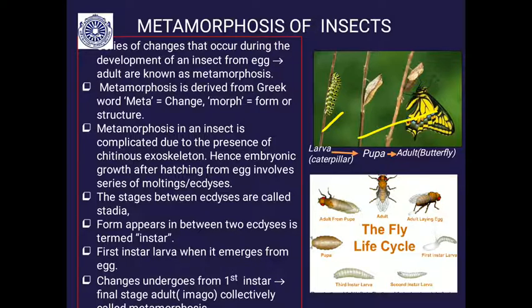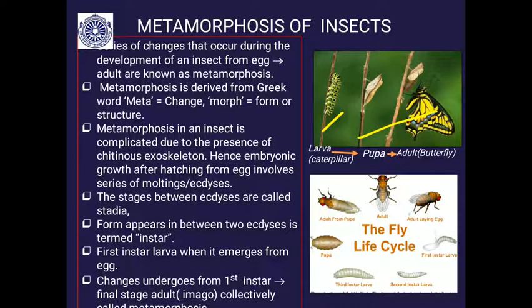Hence, the embryonic growth after hatching from the egg involves a series of moltings or ecdysis, the casting of the exoskeleton. So, the stages between ecdysis are called stadia. Stadia is the stage in between two ecdyses.